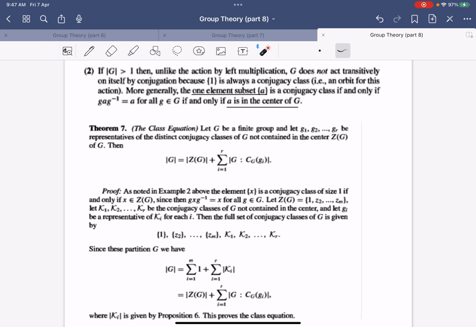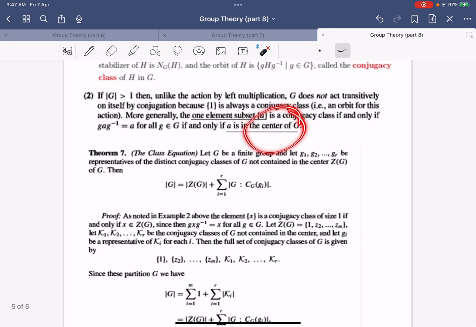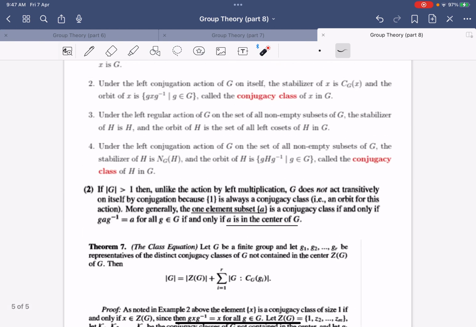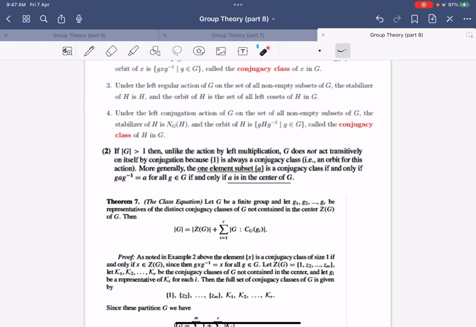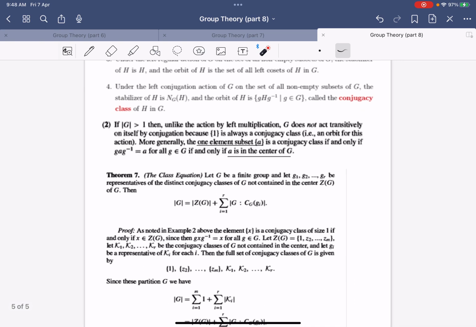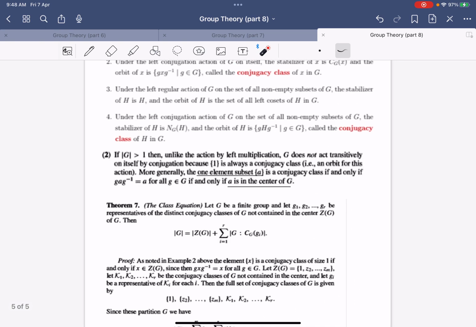For G, we just need to use the correct group action, the conjugacy action, to split up G into the various equivalence classes, so into the various orbits.